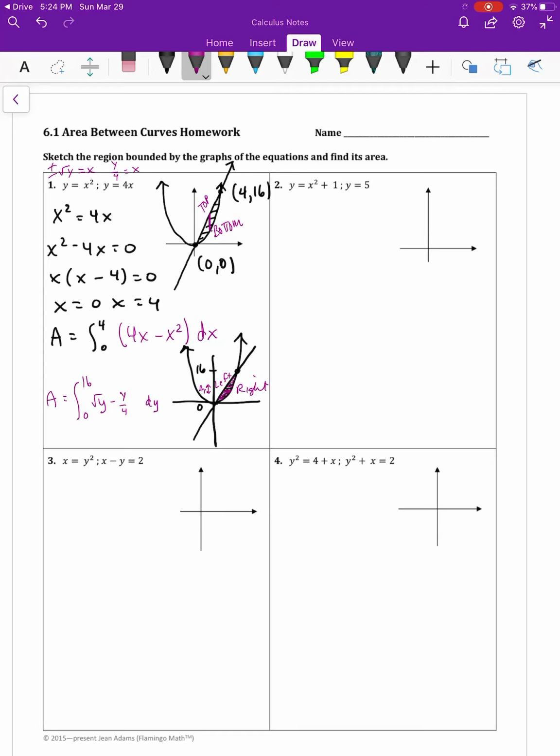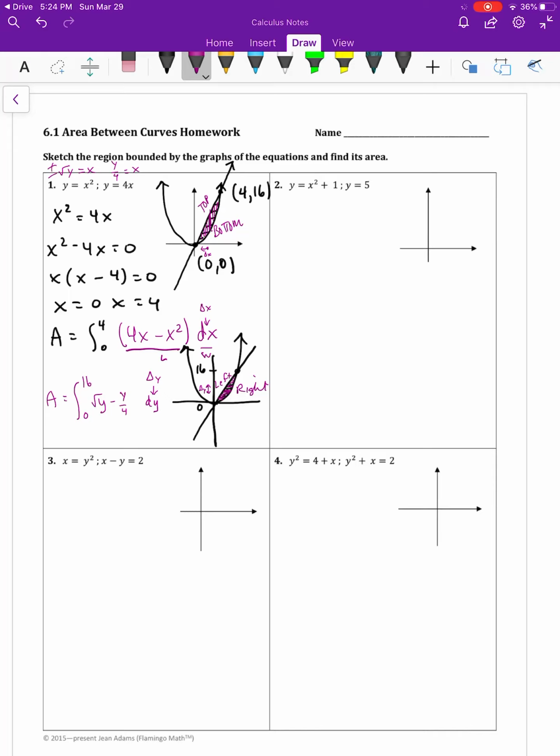That's like the width of it, because really you're just adding up all these rectangles, infinitely many rectangles from 0 to 16. And the width of all of them is delta y, and delta y becomes dy. And along here, you've got all these rectangles that you're adding up from 0 to 4, and the width of each one is delta x, and your delta x becomes dx.